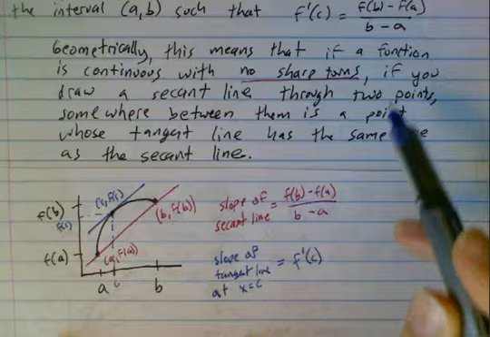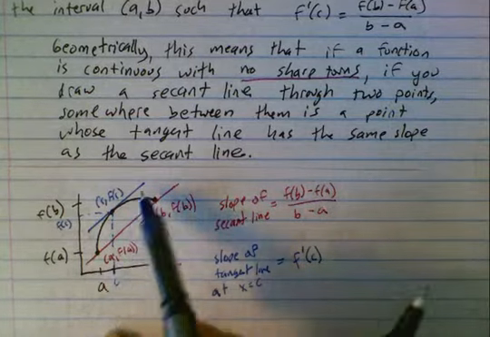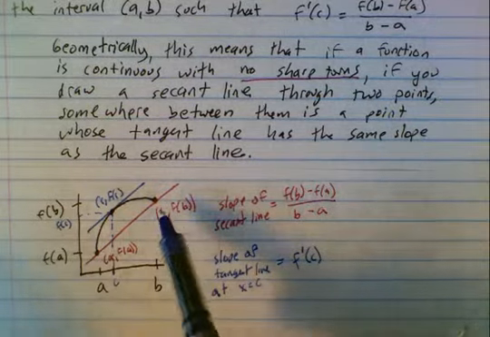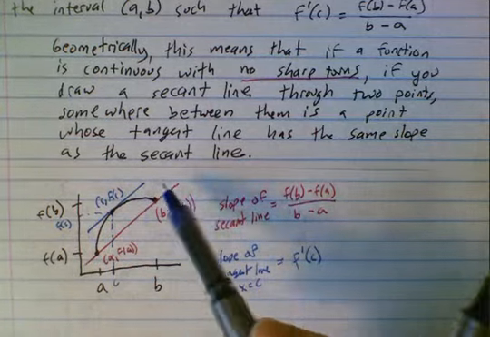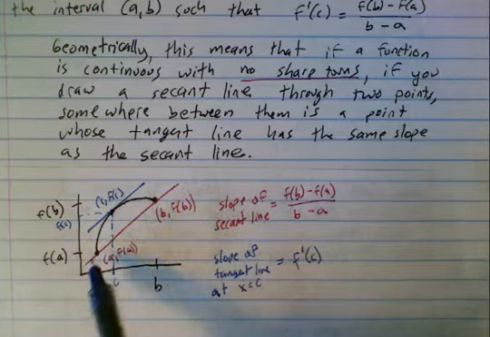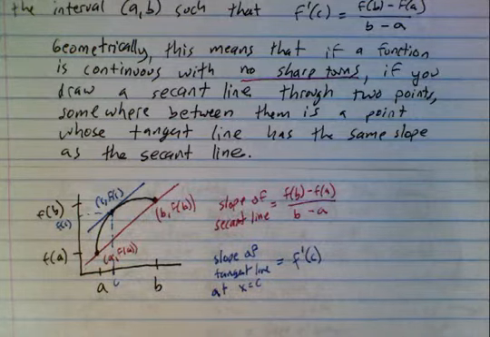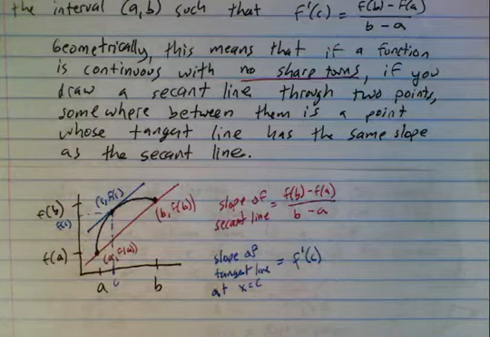That's what this is saying. That somewhere on this interval, there's going to be a point where the slope of the tangent line here is the same as the slope of the secant line for the interval overall.